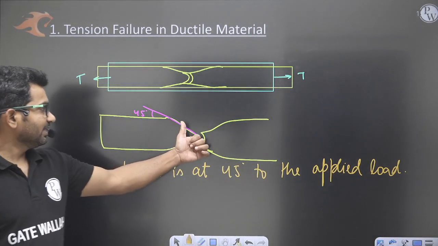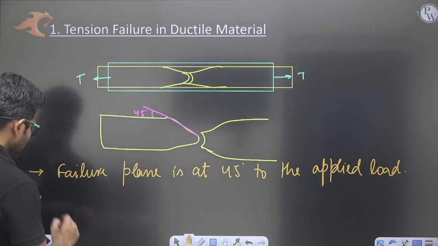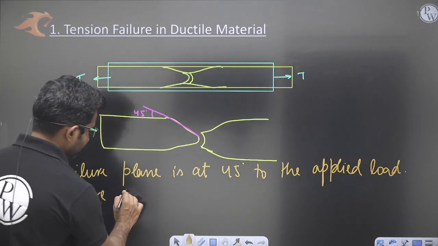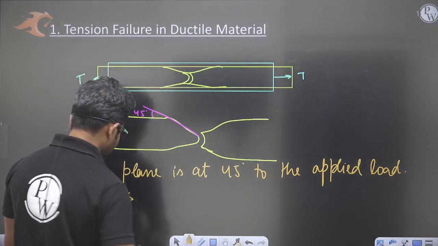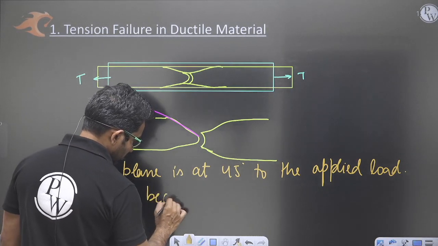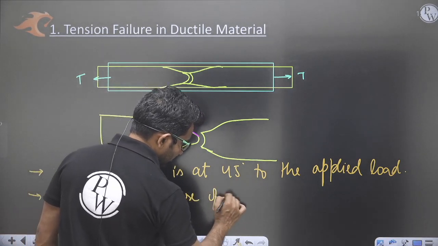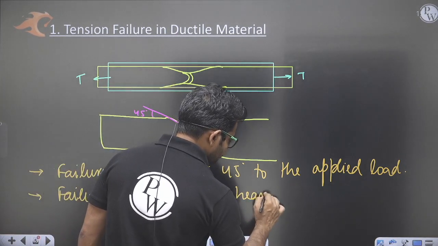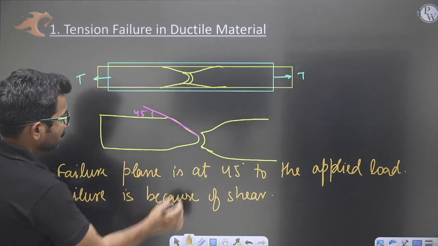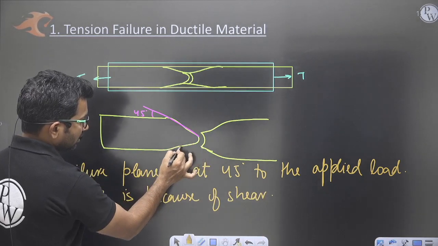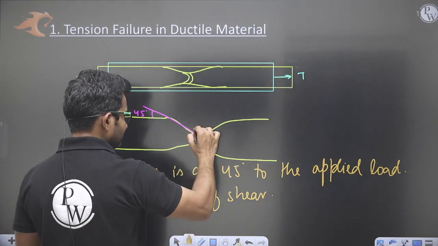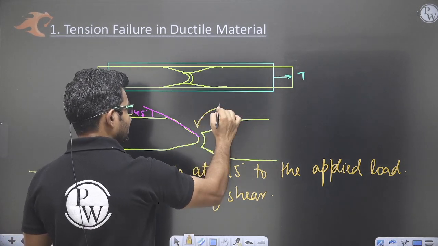Although we have applied tension loading, the failure is happening because of shear, and this failure is called cup cone failure. Here we are seeing the formation of a cone, and here we are seeing the formation of a cup. So this is called cup cone failure.